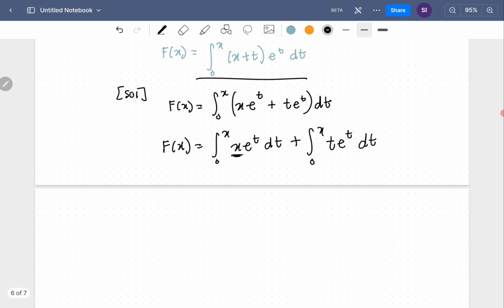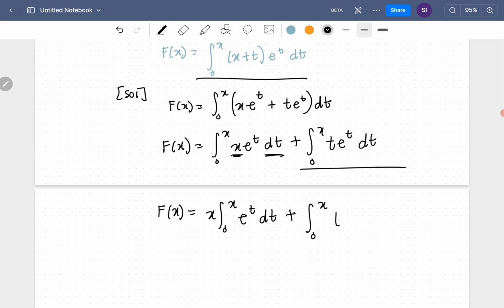Once again, x is just a constant because we're essentially integrating with respect to t. So we have to take x out, and then we're just left with the integral from 0 to x of e to the power t dt. Plus, here we can't take anything out, so we just write it the same.